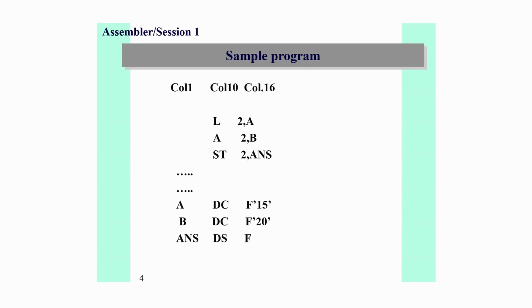And A, B, and ANS are three of the symbols we have declared. All of them are full words. We'll come back to see what a full word is. And the first three statements execute the load instruction, add instruction, and a store instruction.